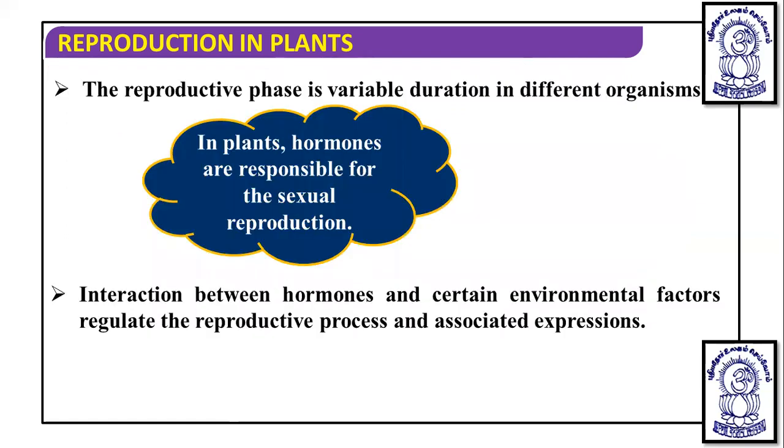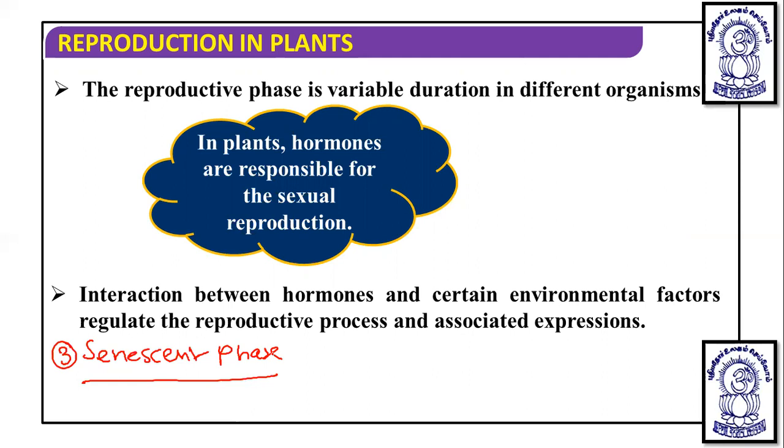Now, before studying the events of sexual reproduction, we have to talk about the senescent phase. So, the last phase is the senescent phase. It is known that it is a post-reproductive phase, meaning after reproduction has happened, this phase will be achieved.